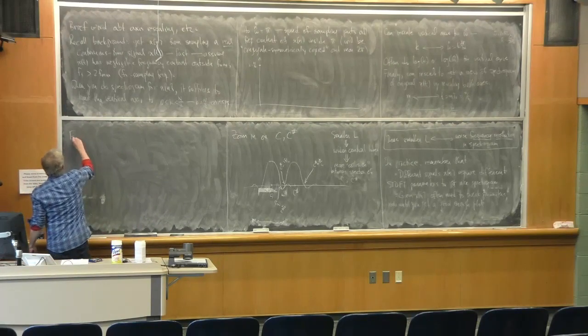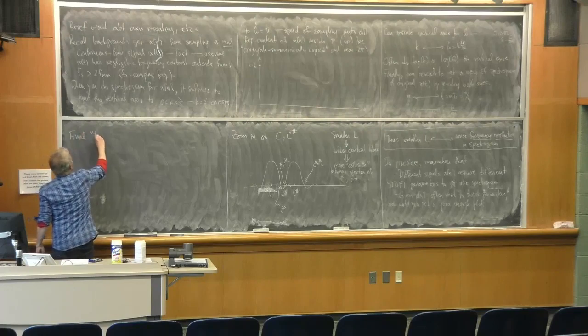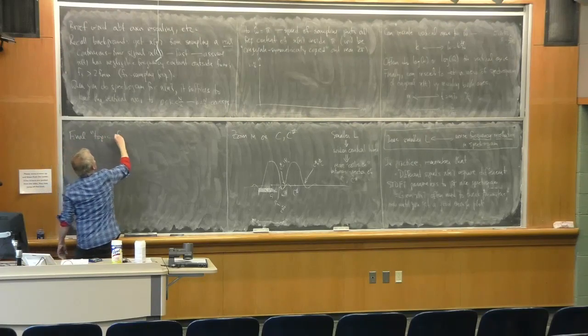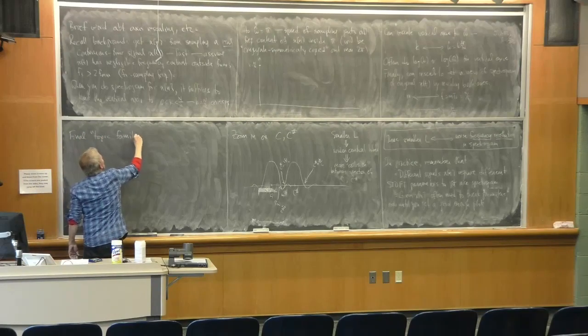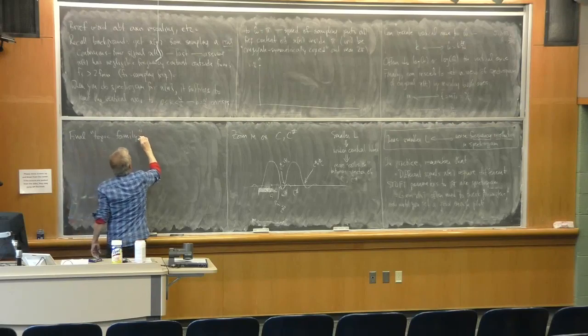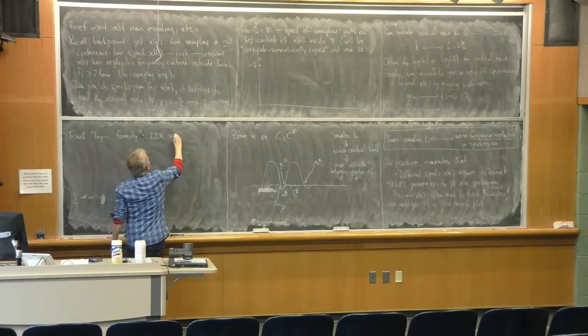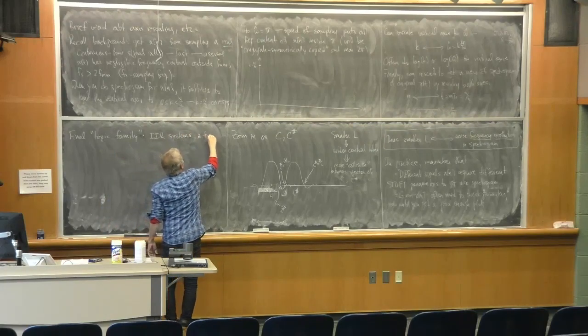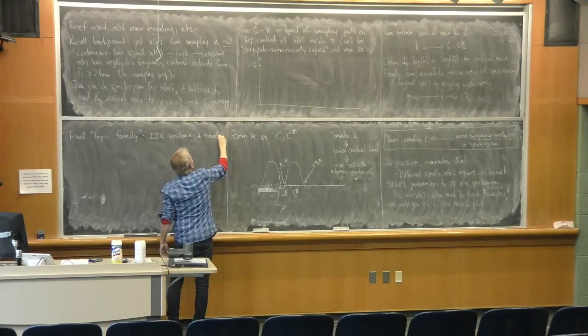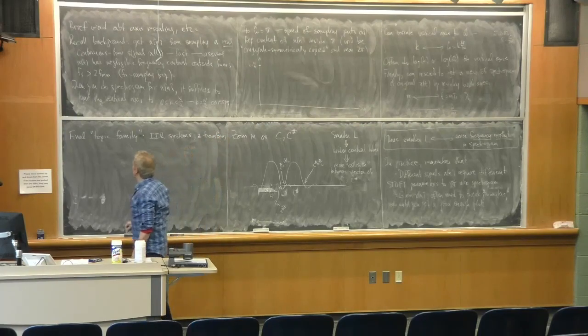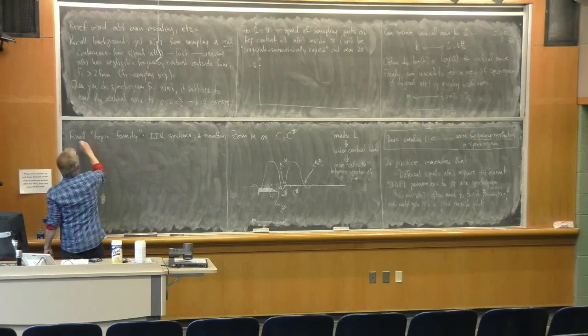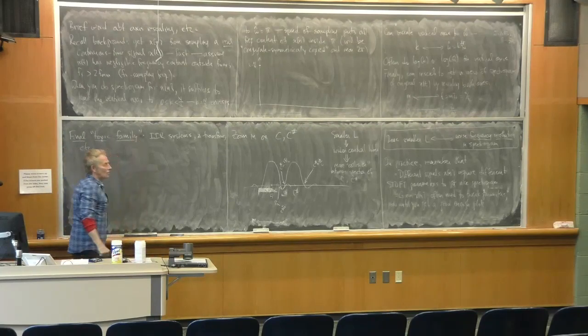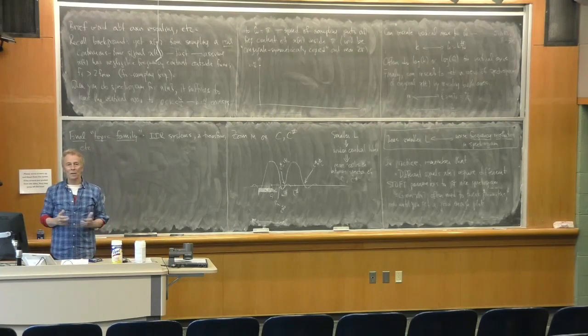So the final topic family that we're going to be dealing with is going to be IIR systems, Z transforms as a tool for analyzing these things, etc. And along the way, we're going to encounter some important concepts.